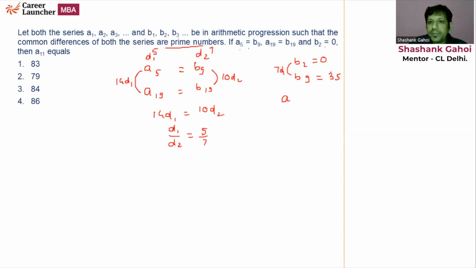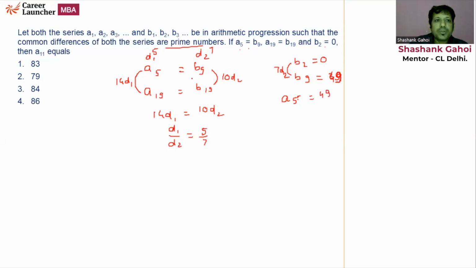Sorry, 70 means 49. D2 is 7, so total jump of 49. So I can say A5 is going to be 49 only.